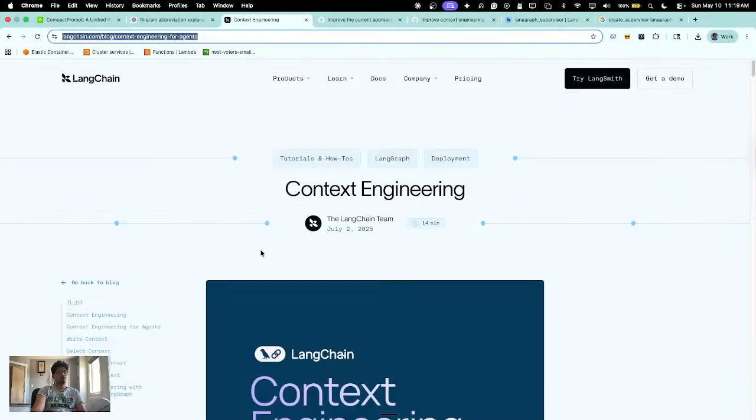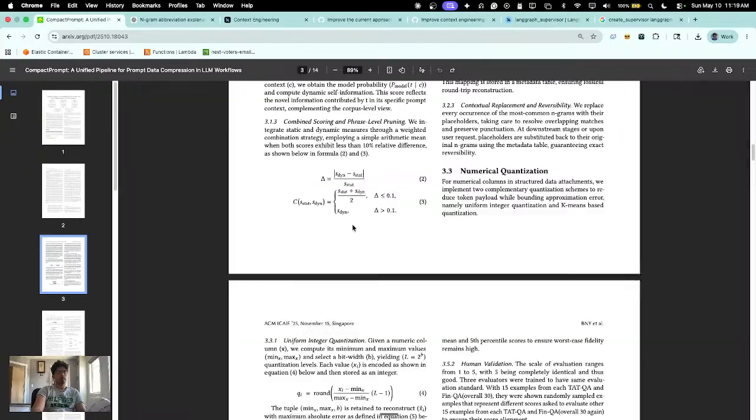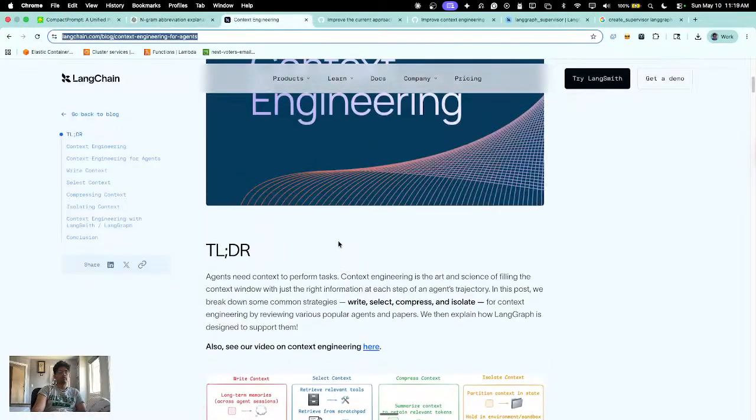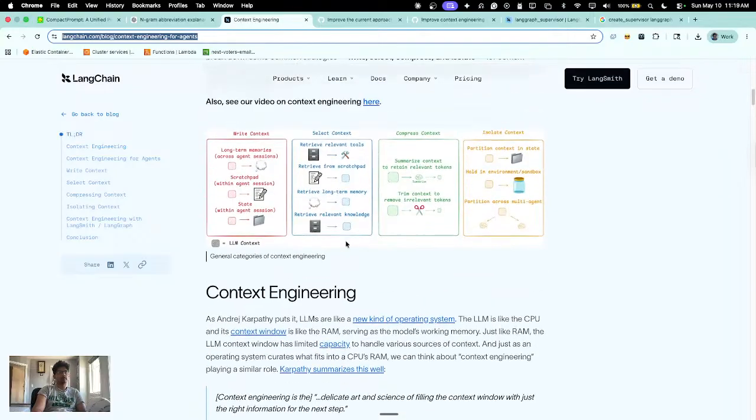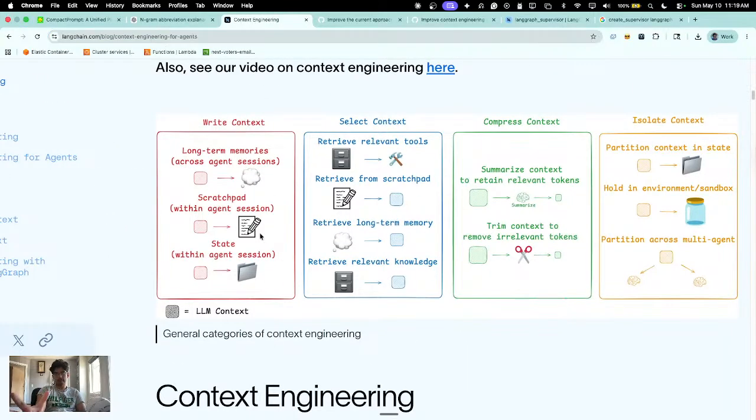Cool, so I guess now I know I don't really want to use this compact prompt, and instead what I need to do is work on the holistic context engineering process of figuring out ways to properly write context. I already have that, but just making it more established.